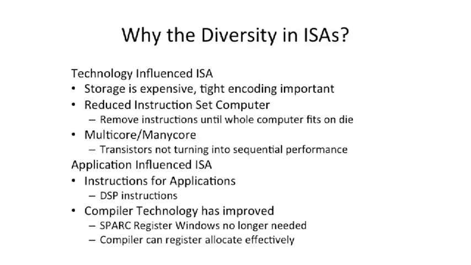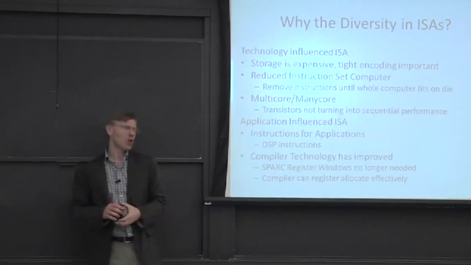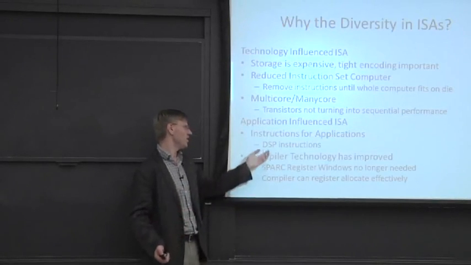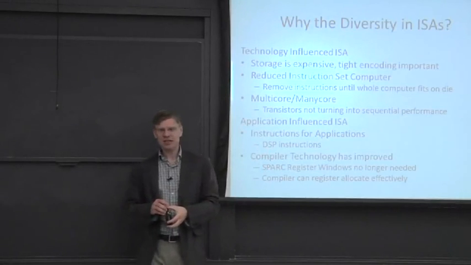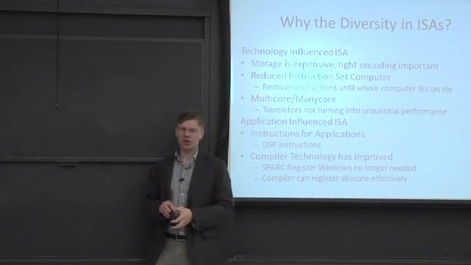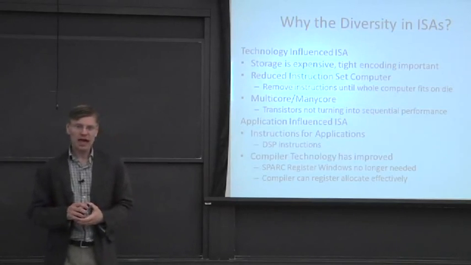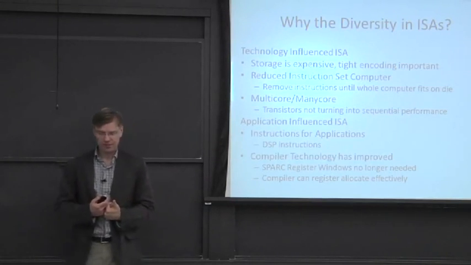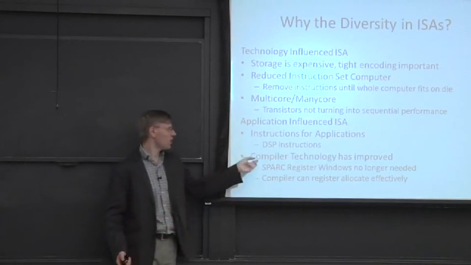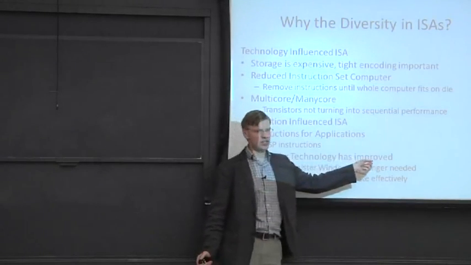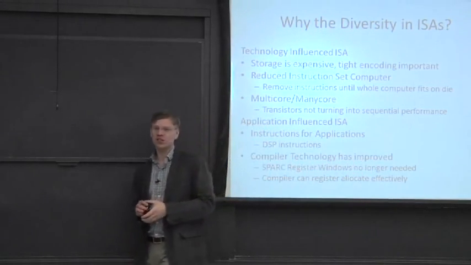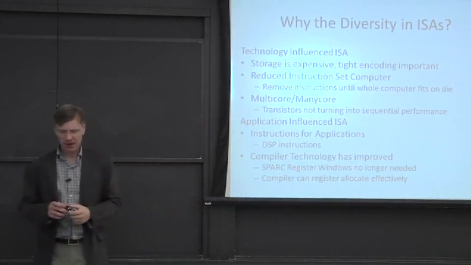And then also instruction sets are many times influenced by their applications. So a good example of this is if you're building a signal processing architecture or a digital signal processor, a DSP, you might want to add DSP instructions. And then finally, I want to talk about how technology from software has influenced instruction set architecture over time.